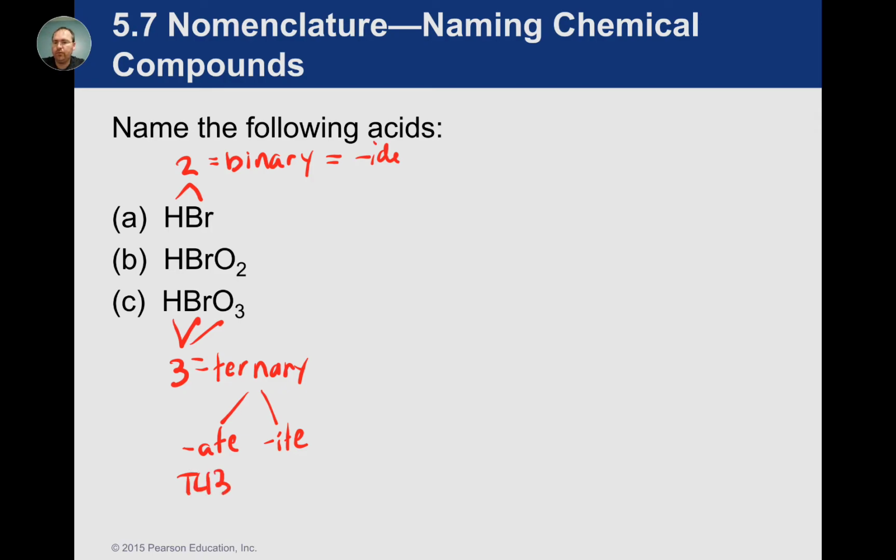So of the 2, the HBrO3, letter C, with this 3 being a higher number than the 2, tells you that this is probably the -ate. The only way to know for sure is to look at the periodic table. So let's pull that up real quick and see if we can recognize the difference.